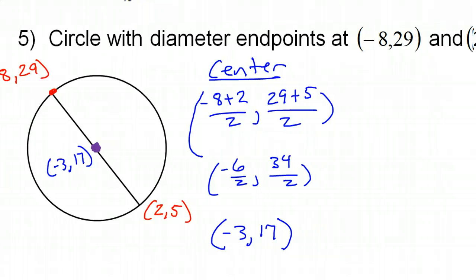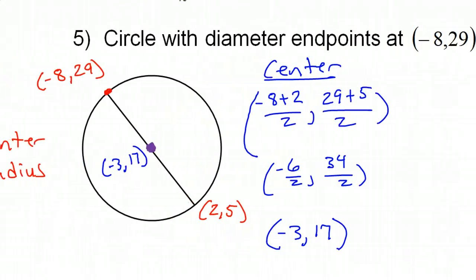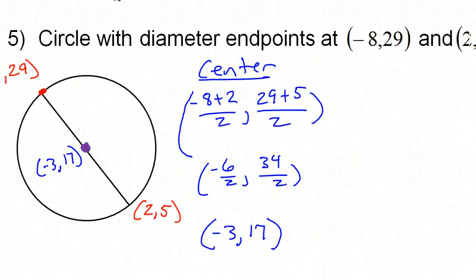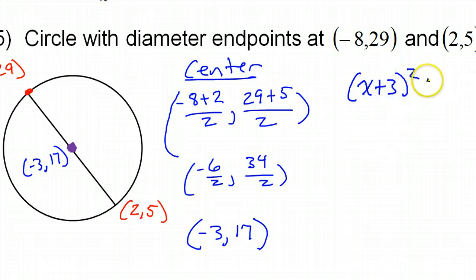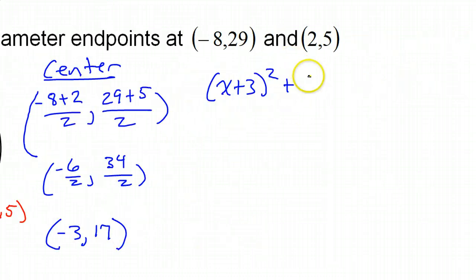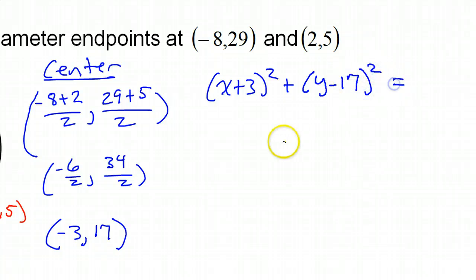So that gives me a big part of the equation. So far I know that the equation is going to be x plus 3 squared plus y minus 17 squared. Opposite of this and the opposite of that. That gives you all this. Now all we need is the radius.